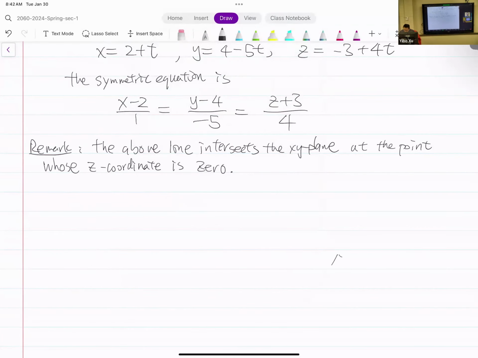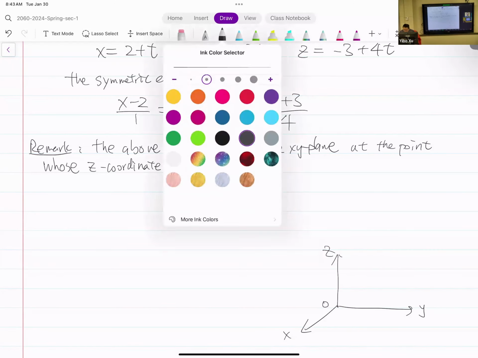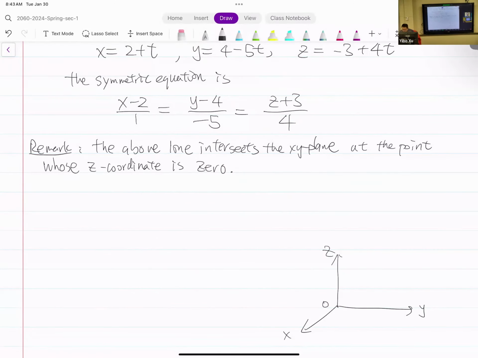So the essential idea is that, let's say, for the coordinate space, we are looking at the intersection between a line and the bottom plane. That's the xy plane, right?